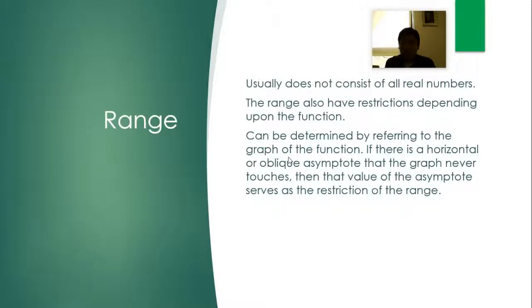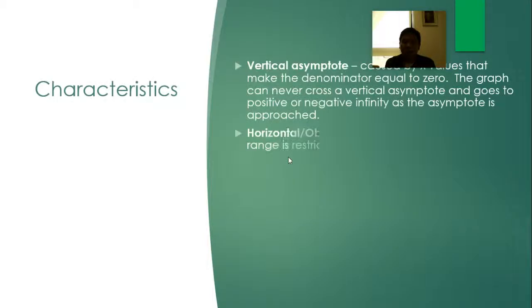We cannot have a value for the domain, that means we will not have a value, maybe a set of values for the range. So for the range, it is determined by what we call the horizontal or oblique asymptotes. And we get those by following this.